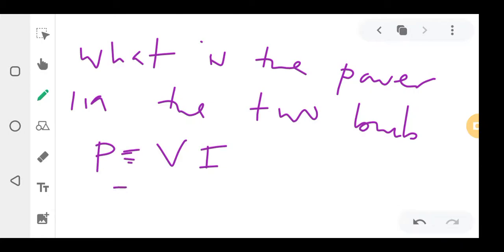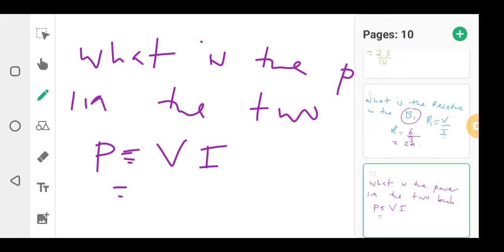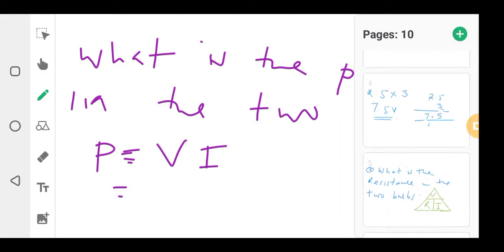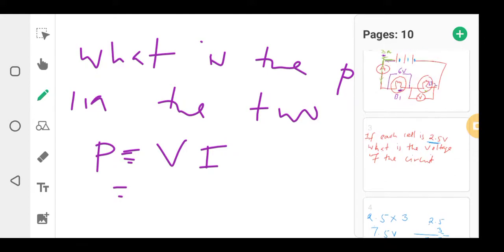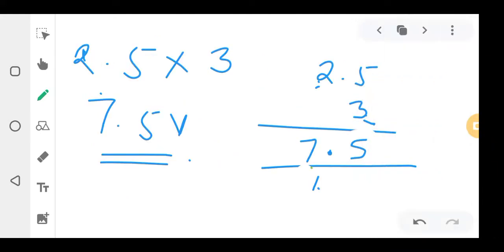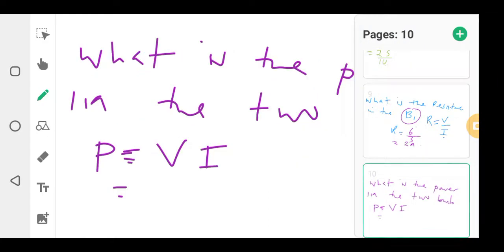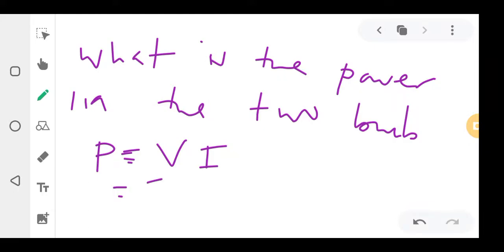When you're calculating the power, use the whole voltage, the one that we calculated at first, the 7.5 volts. The full voltage, 7.5, times the current, which is 3. You remember the current passing through the whole circuit is 3. So you multiply 7.5 times 3.